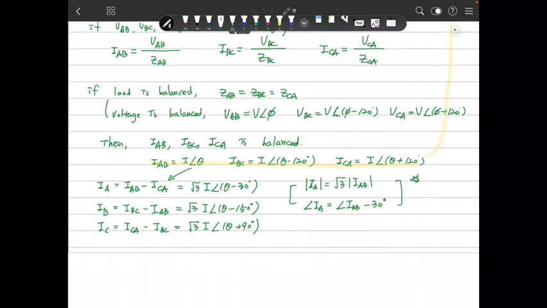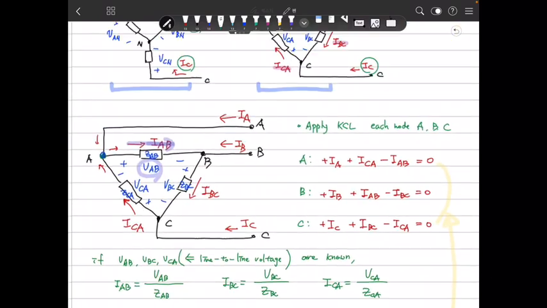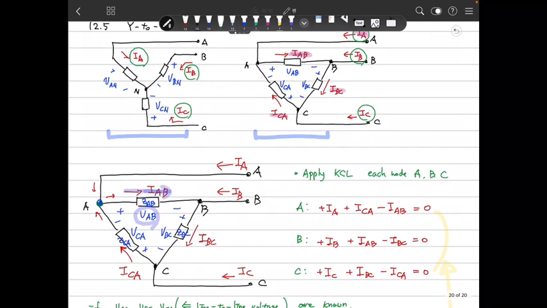That means we define IABC as the line current, and we define IAB as the phase current.